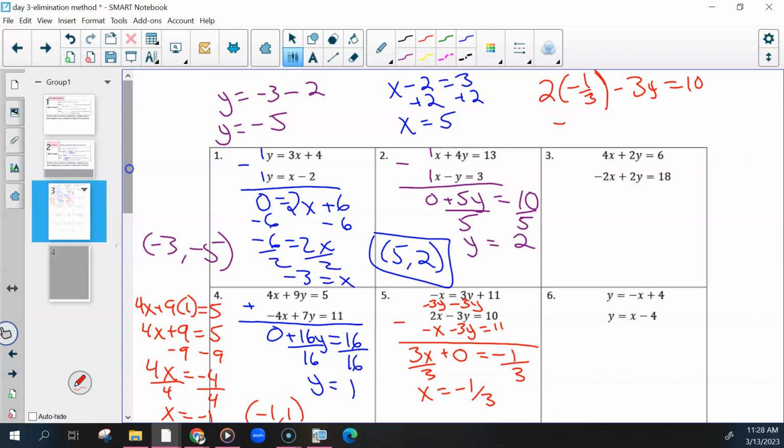multiply, add 2/3 to the other side. When you do that, what do you get?